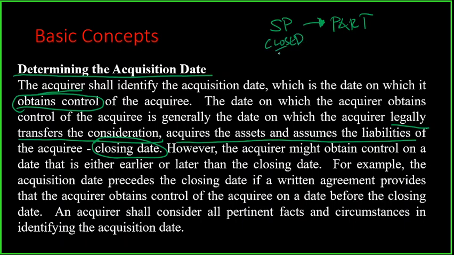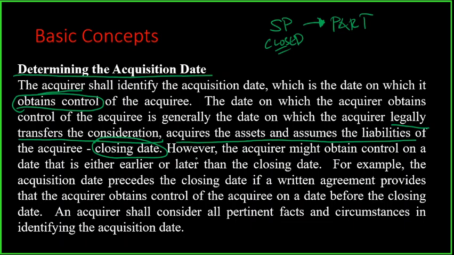So in cases of merger and consolidation, because the acquiree will be closed, the time where the assets and liabilities are transferred in the books of the acquirer is actually the closing date. It signifies that the assets and liabilities are already assumed by the acquirer. So, meron na siyang control.